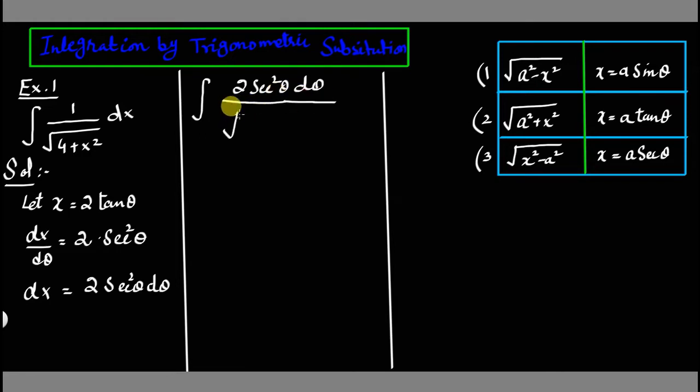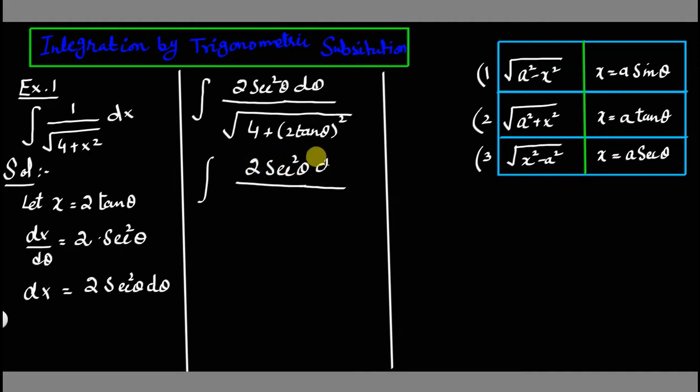and into the square root you can use 4 plus x replaced by 2 tangent theta whole square. After some simplification, you will see some terms: 2 secant square theta d theta, and at the end you have 4 plus 4 tangent square theta.